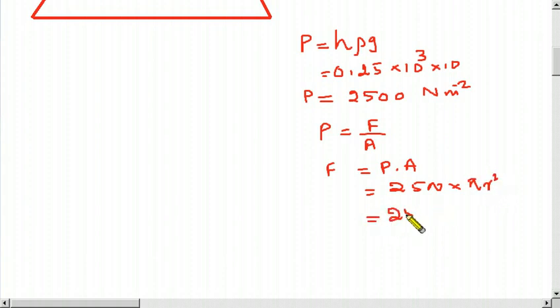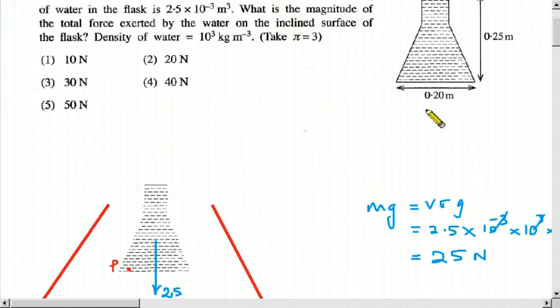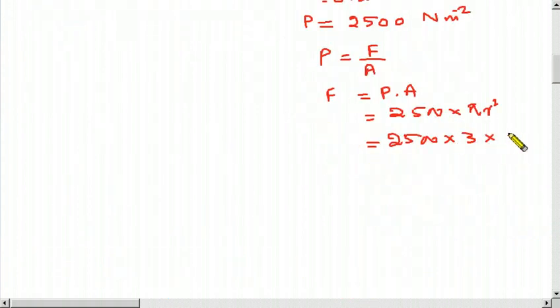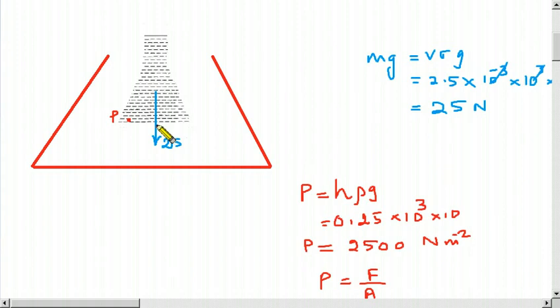Pi they have given as 3. The diameter is 0.2, then half of it is 0.1, which means 10 power minus 1, so the square is 10 power minus 2. So 2 zeros cancel, 25 times 3, 75. 75 Newton is the thrust given by water.